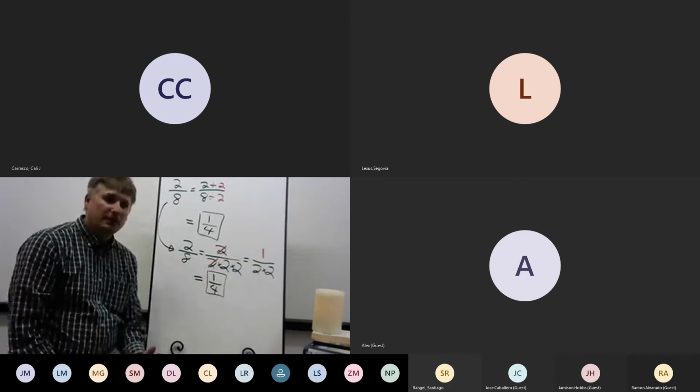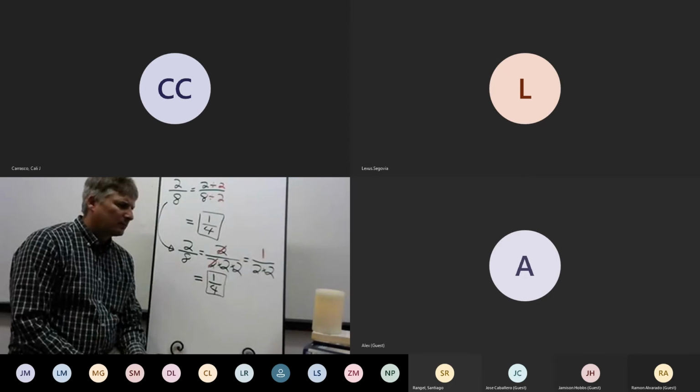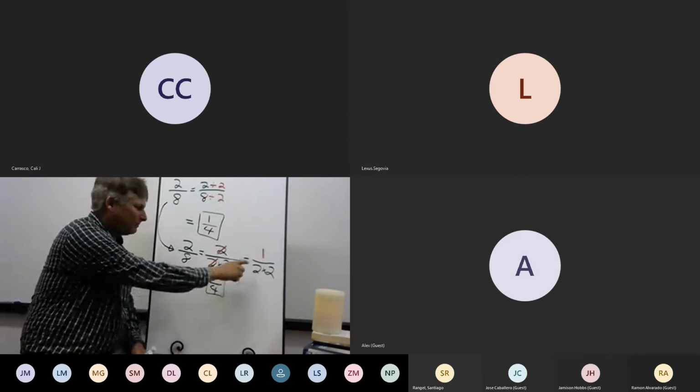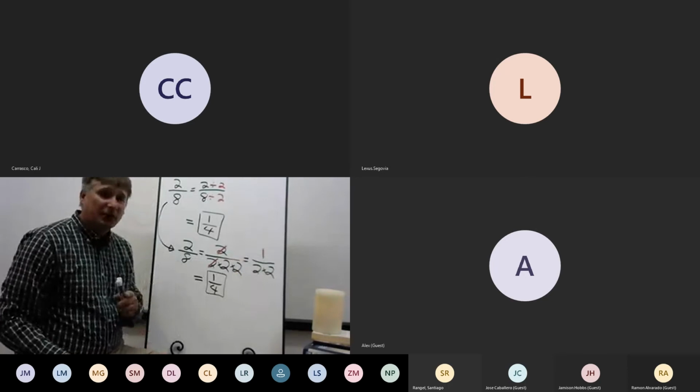Now, before I go back to this idea of how do we figure out which fractions are bigger, let's talk about this 1/4. Why are we doing this? Why do we put a 1 there? There's a trick. Let me show you.